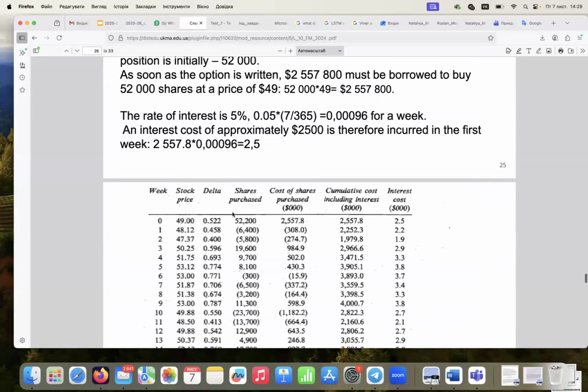Okay, so today we buy this amount of stocks, and how much do we need to pay for it? It is this multiplied by this: the number of shares times the stock price for today. So it is this sum. Do you agree? Is it clear for this moment, guys?